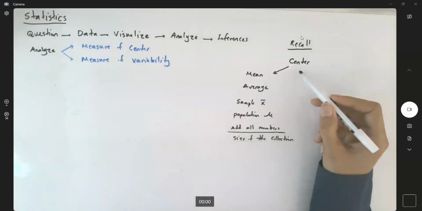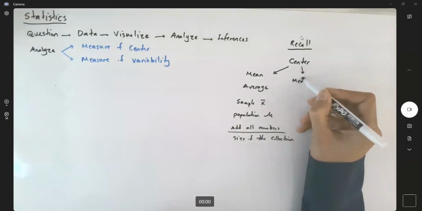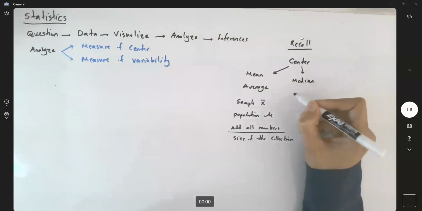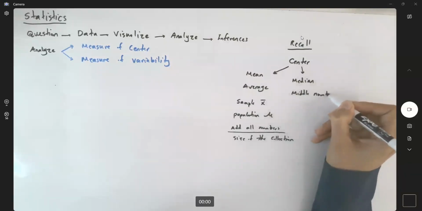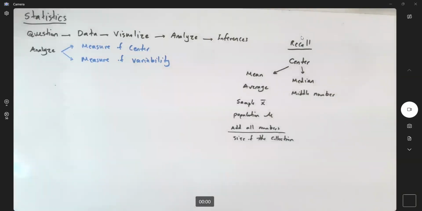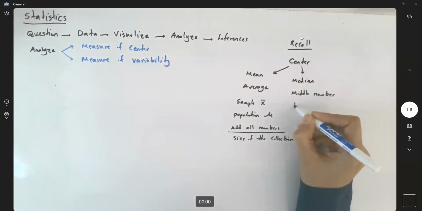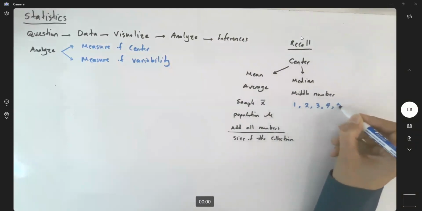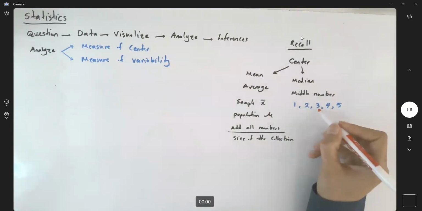The next measure of center is called the median. Median is the middle number. For example, if you have numbers written in order, 1, 2, 3, 4, and 5, then the median is 3.